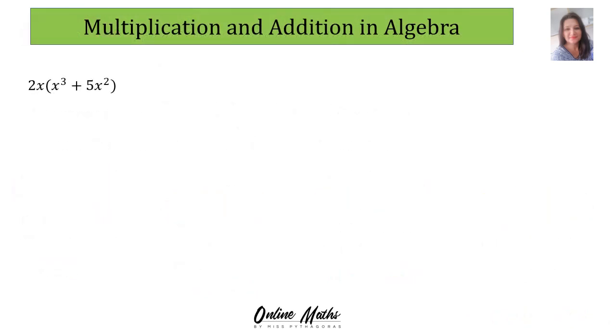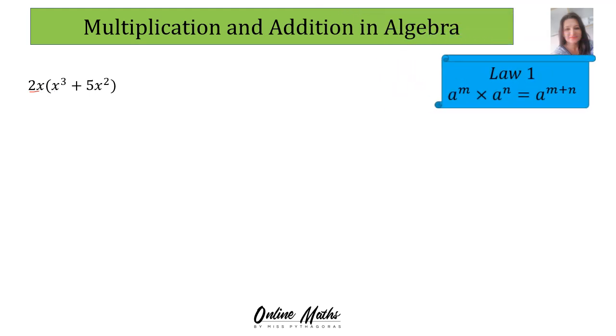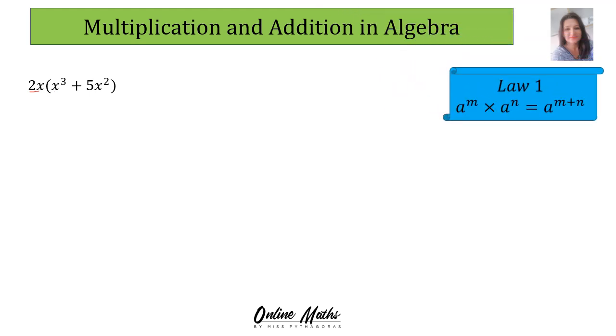Let's look at the multiplication and addition in algebra. More specifically, we will multiply a monomial with a binomial, a two-term. Before I explain the multiplication, let me remind you of law 1 of exponents.